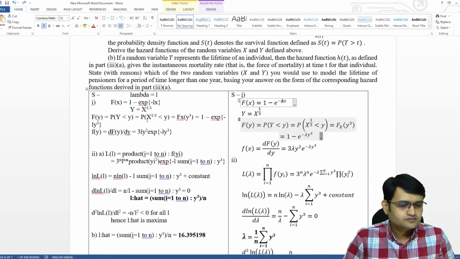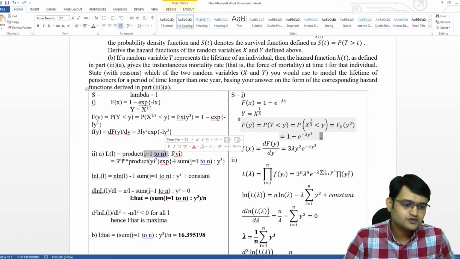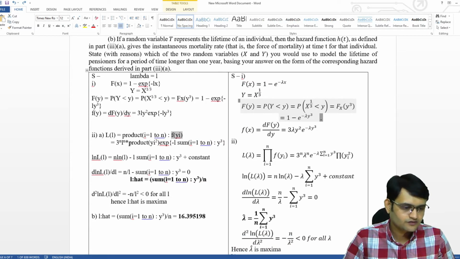Then you can see whenever we need a product, we write product and then specify our limits from i equals 1 to n, and then we write our function. Again we wanted product here, I have written this and then solved it in terms of summation here.